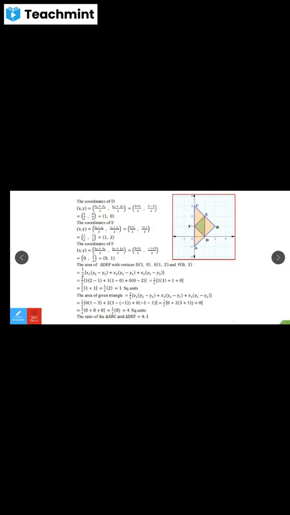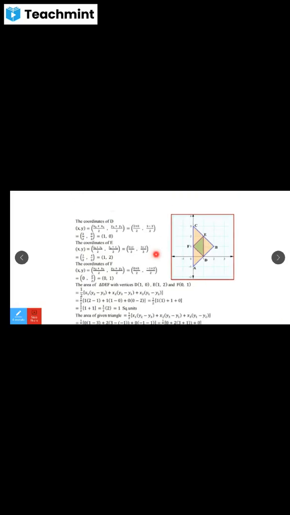Okay, first take the screenshot. This is the solution part. Take the screenshot of this first. Have you all taken the screenshot? Yes, sir. Okay.